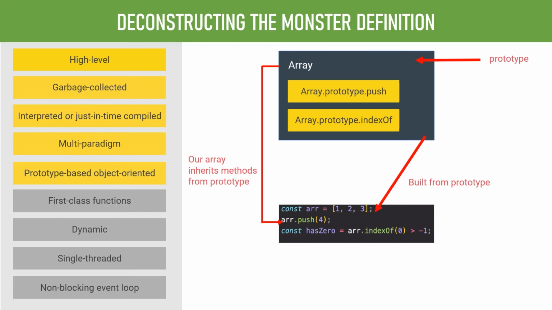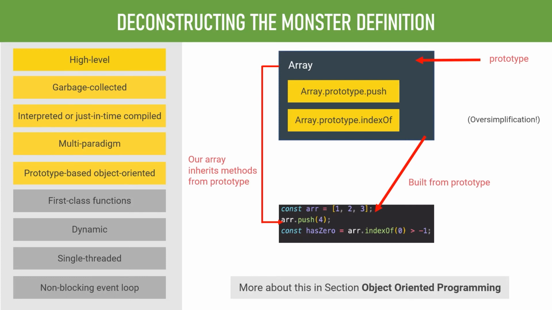And what I just explained to you is actually a huge oversimplification, which may still sound confusing. That's the reason why there is a whole section on object-oriented programming with JavaScript later in this course. But since this is a big overview video, I want to first introduce this topic right here.